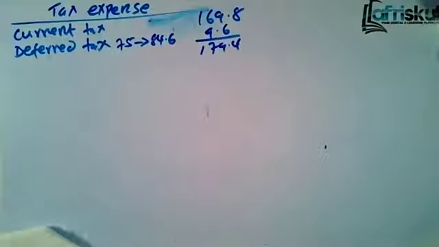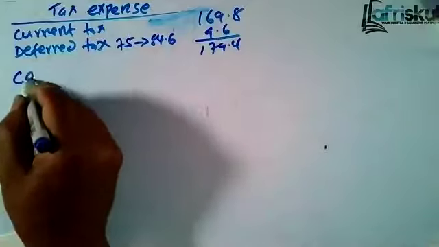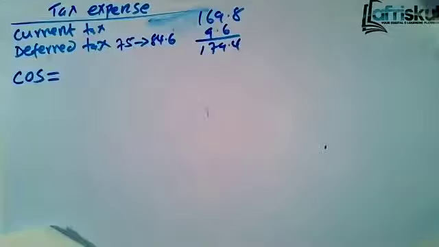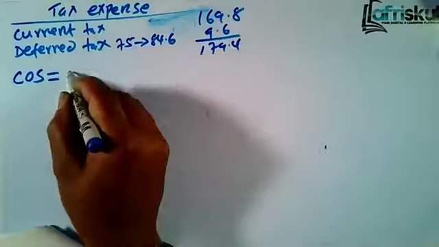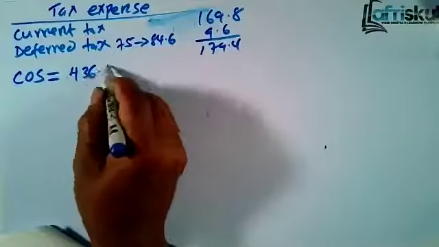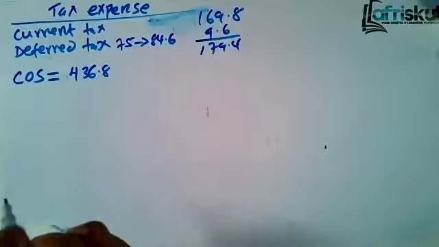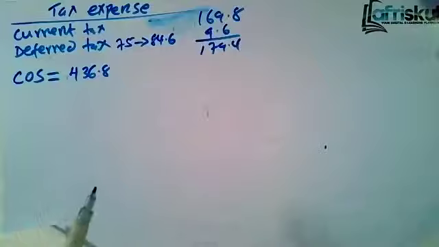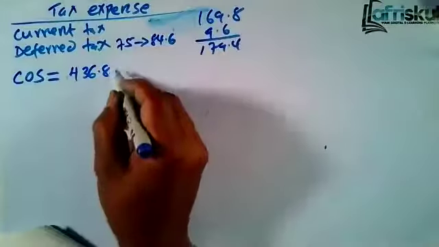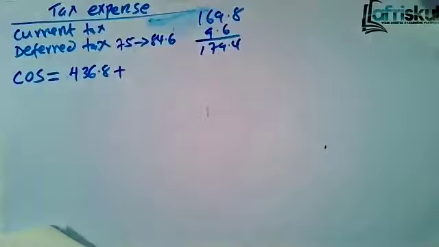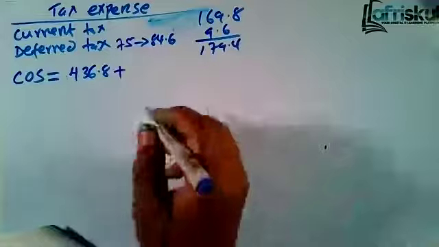So now, after you're through with the workings, let's work out the cost of sales. From what we have grabbed, the cost of sales, after taking opening stock plus purchases minus closing stock, was 436.8. But remember, we had depreciation. We are told that depreciation should be taken to the cost of sales. You add, number 1, depreciation for the leased item, which was 110.4.